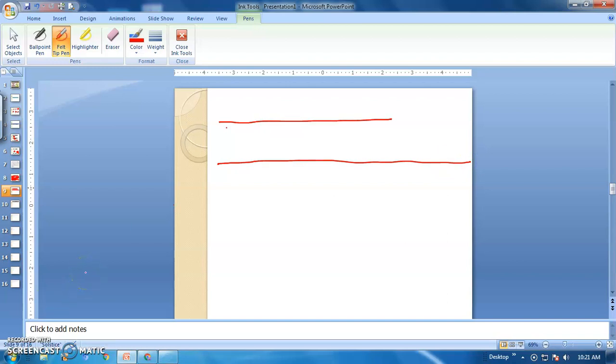So here, let us take these two as parallel lines. Let us consider these two are parallel lines. Let us take this as AB and this one as CD, and let us take this as a transversal, transversal PQ.